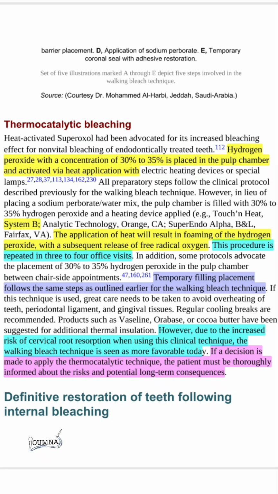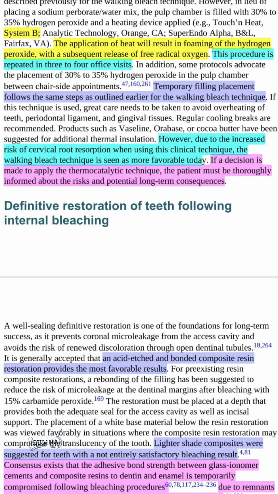This application of heat will cause foaming in the hydrogen peroxide because there is a release of free radical oxygen, and it is repeated for 3 to 4 visits with the application of a temporary filling and the other steps that we mentioned before.